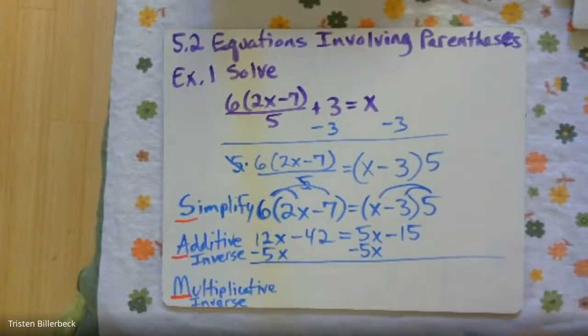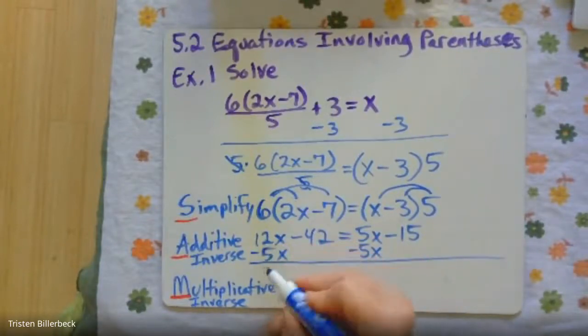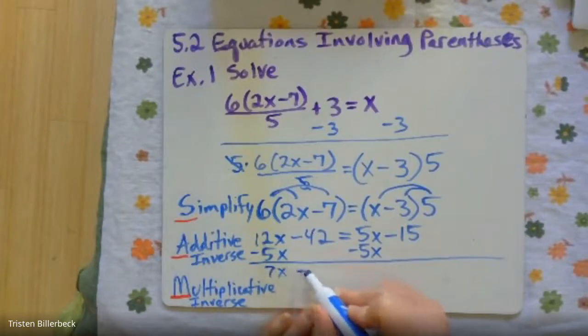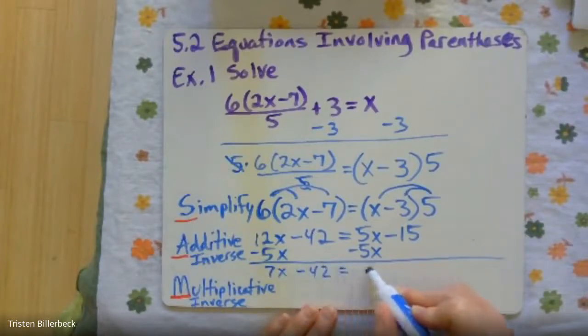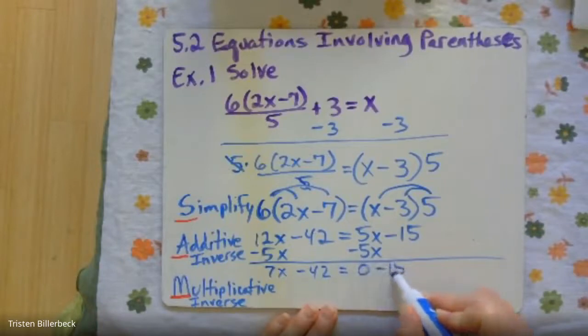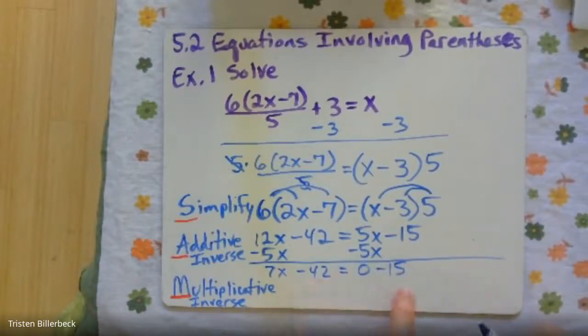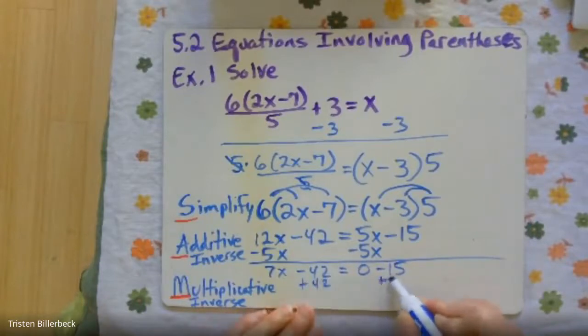All right, so we have 7x minus 42 equals 0 minus 15. Now I have a constant here and a constant here, so I'm going to add 42 to both sides.